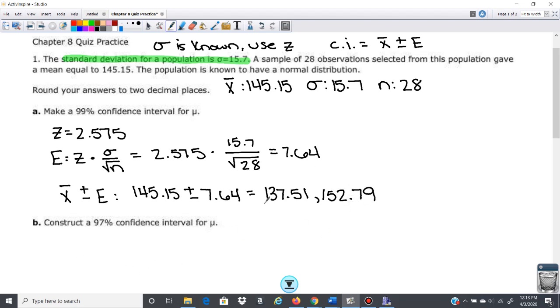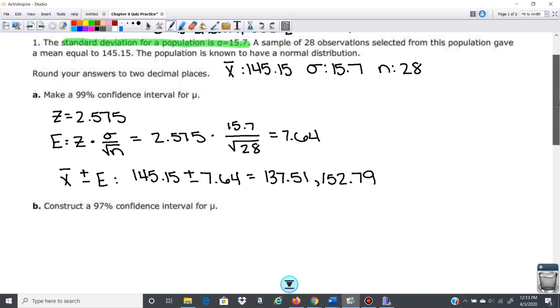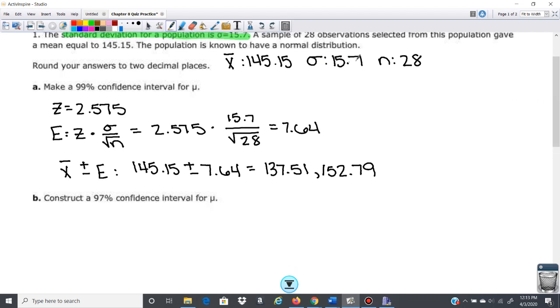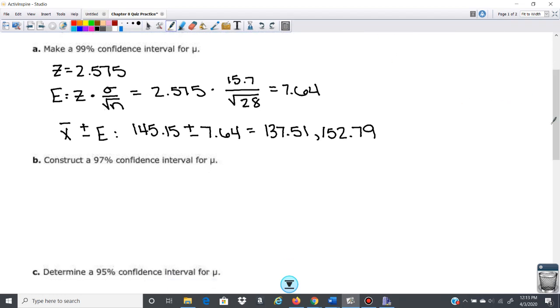Now I'm going to do the same thing with a 97% confidence interval. I've got the same mean and sample size and standard deviation. I just have a different Z value. So for the 97% confidence interval, our Z value from our chart is 2.17.